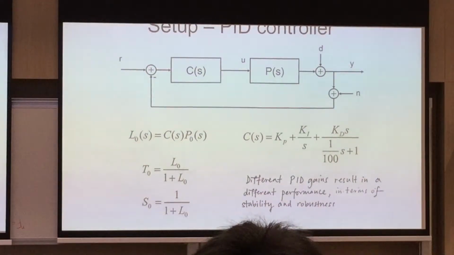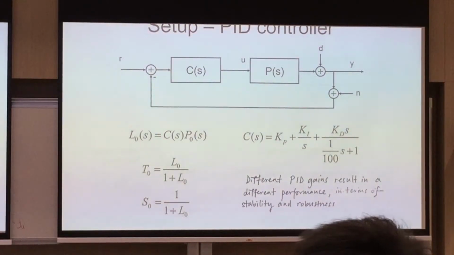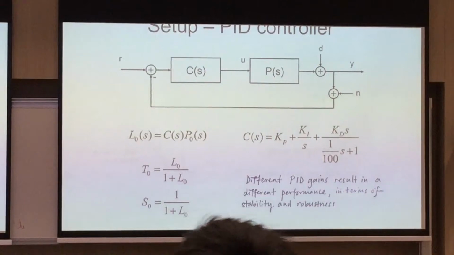Okay, we'll cover a bit more detail on how you can tune the proportional gain, your integral gain and your derivative gain. Alright, but just note here that different PID gains will result in a different performance in terms of stability and robustness. Alright?